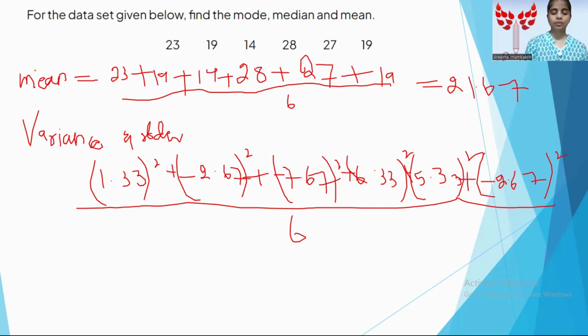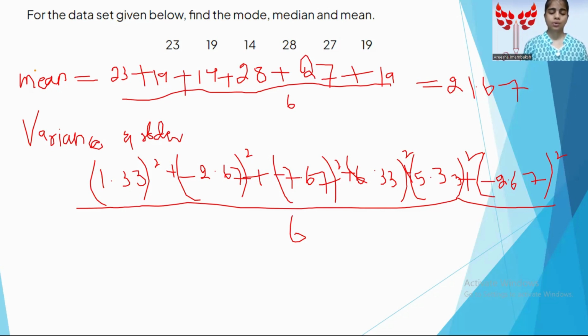So 1.33 squared. There's a lot of calculation involved in this, so I'm doing it on the calculator. 5.33, 2.67.